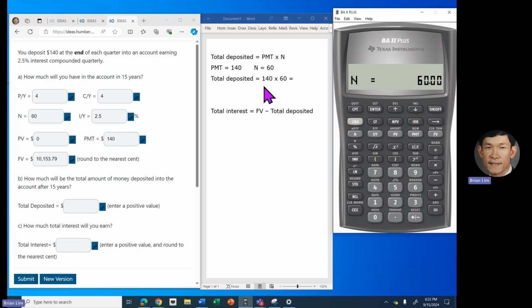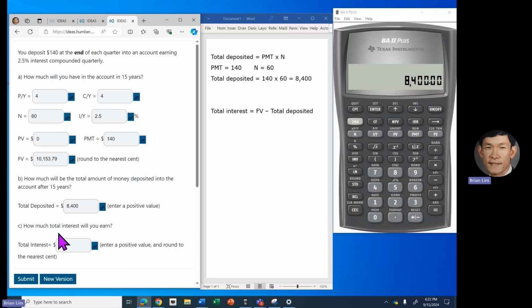So these are the two numbers we're multiplying, 140 times 60. We click on equal and we get the answer of $8,400. All right, so that is what we will put in here. So the amount deposited was $8,400.